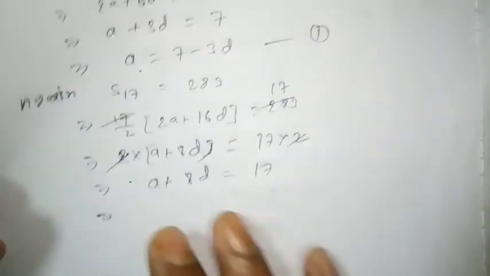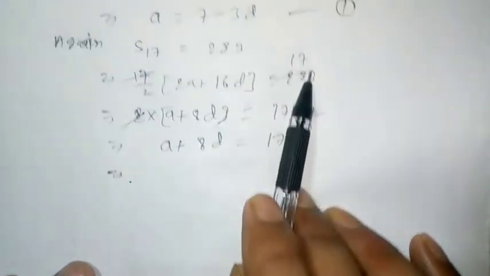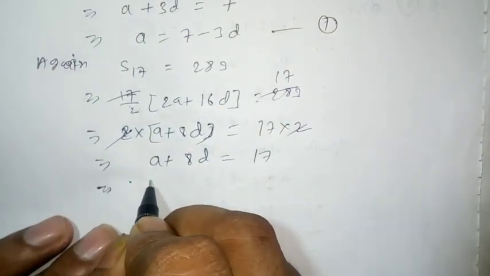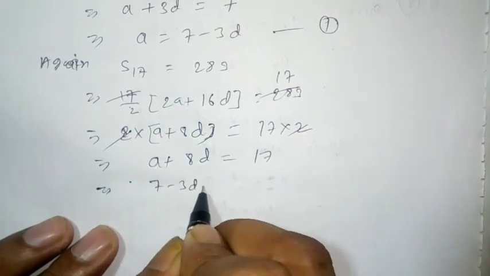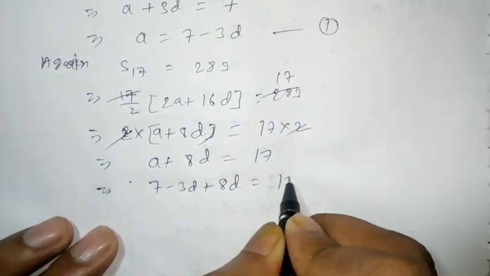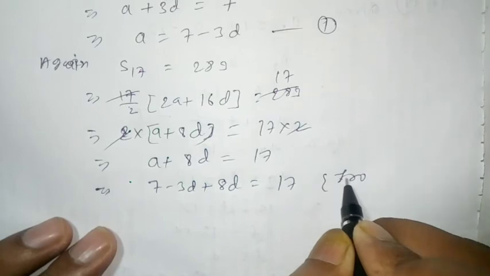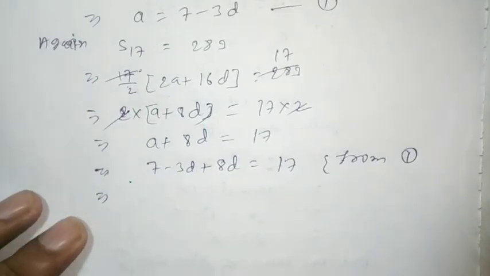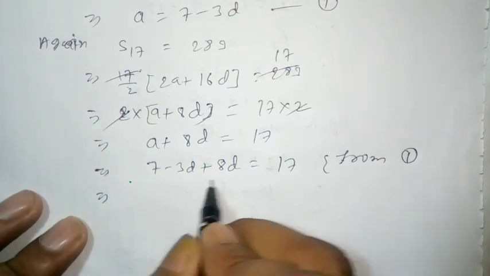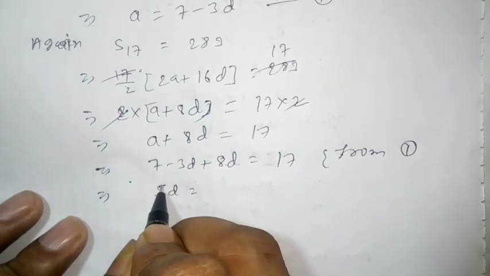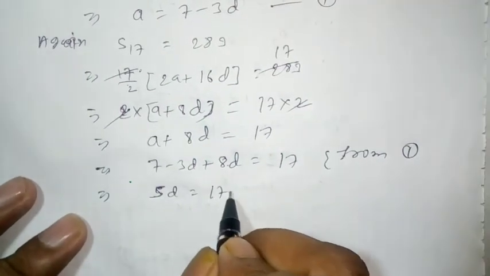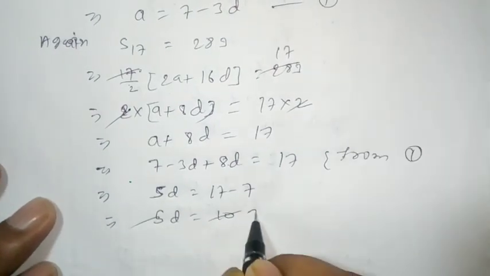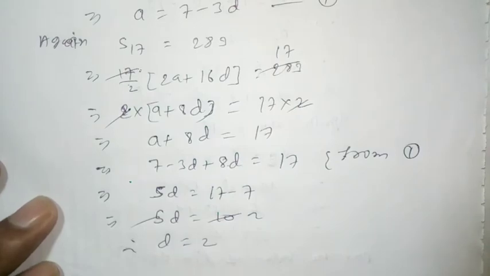Implies we have to put the value of a from equation 1 in this. Then 7 minus 3d plus 8d is equal to 17, implies 5d is equal to 17 minus 7, implies 5d is equal to 10, 5 2s are 10, d is equal to 2.